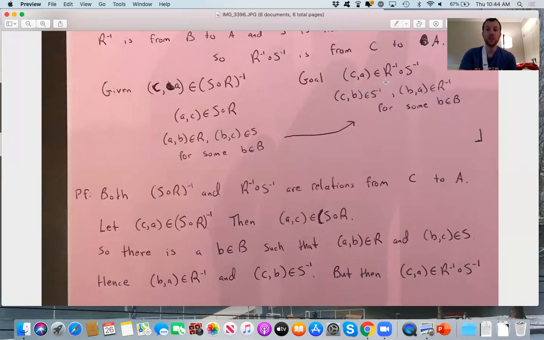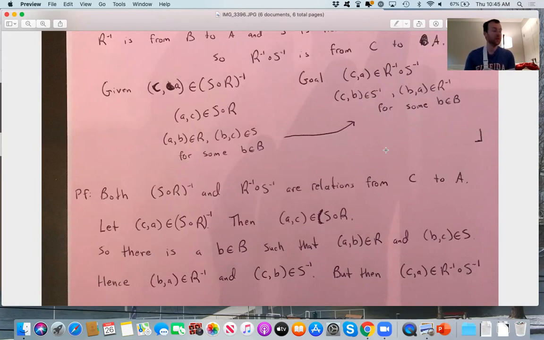If you started with a pair in R inverse composed with S inverse, you can back up through these steps that we established and really get that if a pair is in this composition, it's in S composed with R inverse also. So as an exercise, you can try writing out a complete proof, but we really have the logical steps here. We just want to talk about what that actually looks like when we write it out.